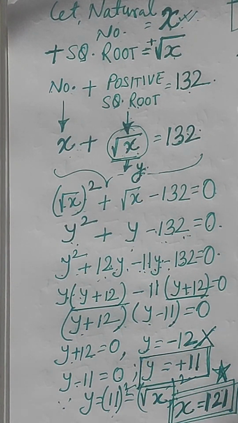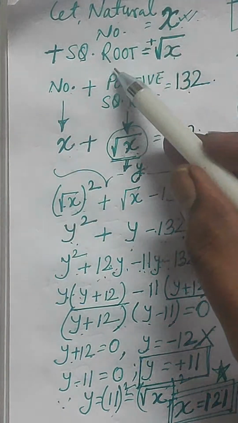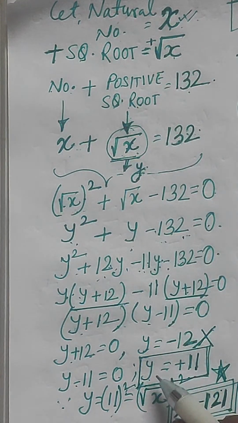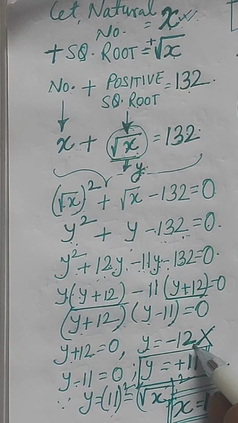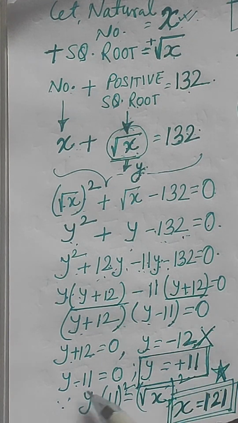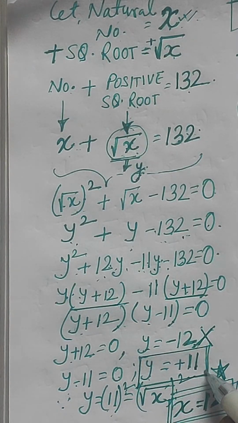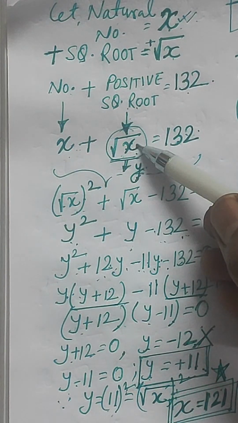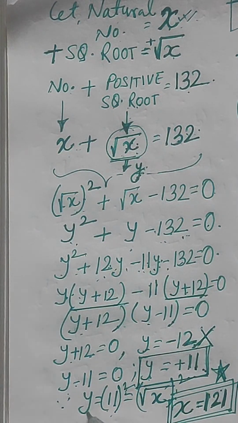But the positive square root of a natural number will not be y equal to minus 12, so we ignore this value and take y equal to 11 as the only one. Since y was assumed for root x, root x equals 11.